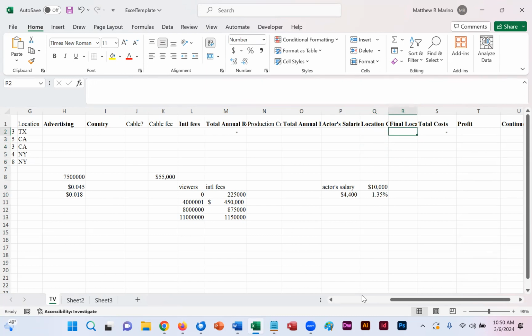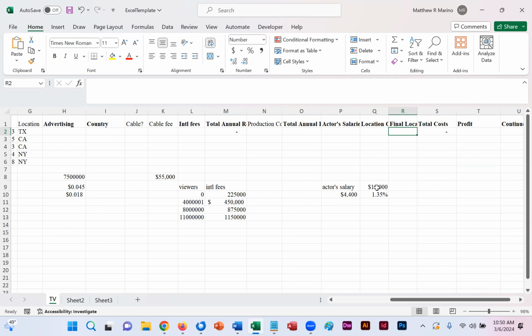So you would check to see which one is the minimum, your 10,000 or your location cost. So if it's true that this location cost is greater than 0, it's going to tell you which one is lower.